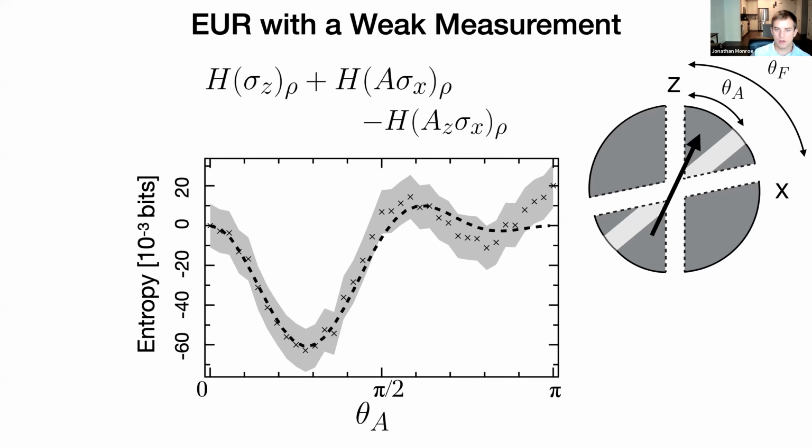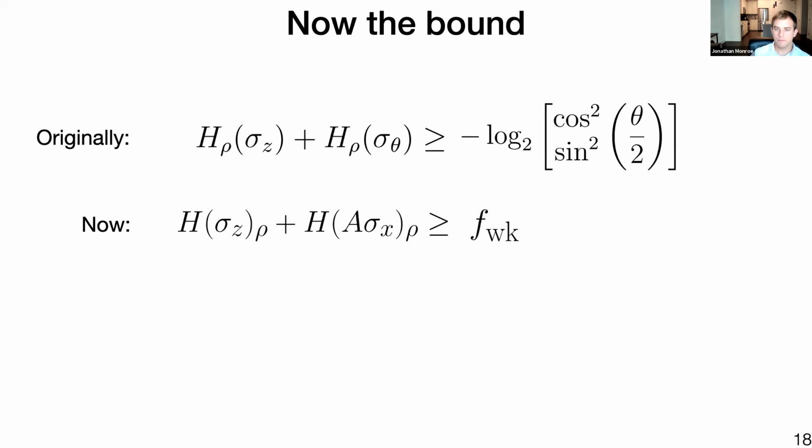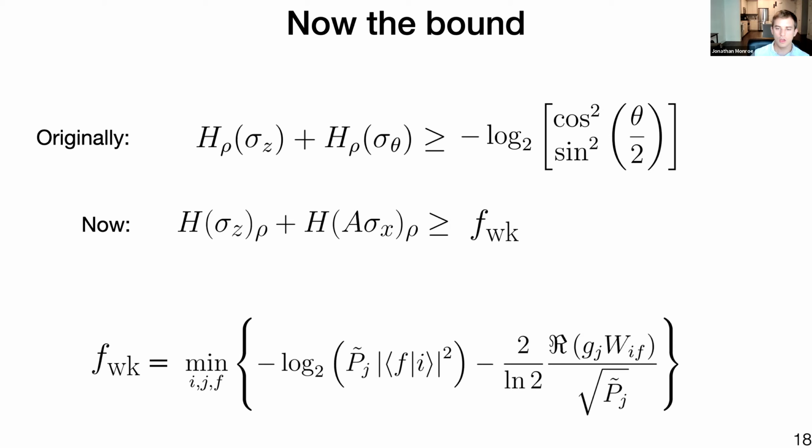Okay, let me skip this in the interest of time. So this was all discussing the left-hand side. Now let me describe the right-hand side of this inequality. So I put in this innocuous looking F weak. It turns out to be a little bit more hairy than that.